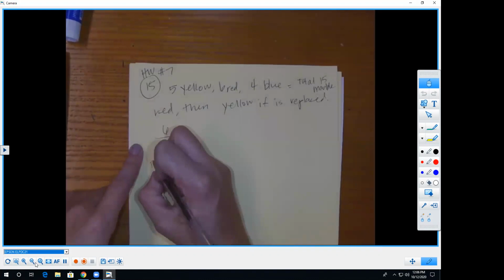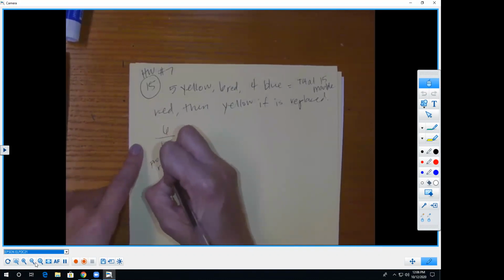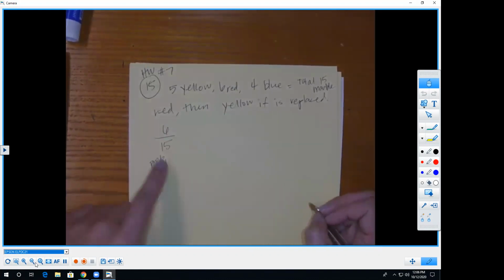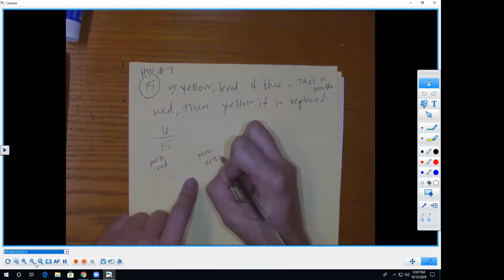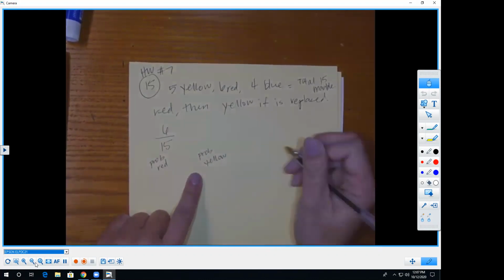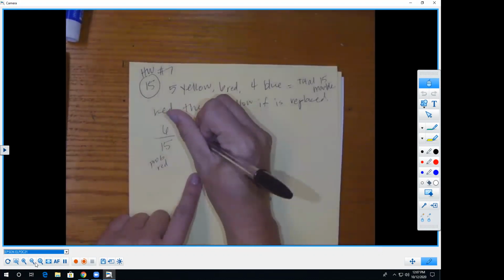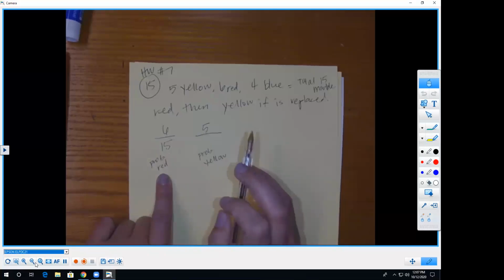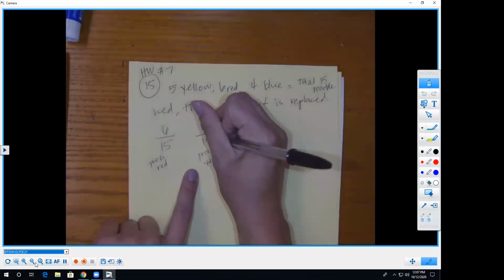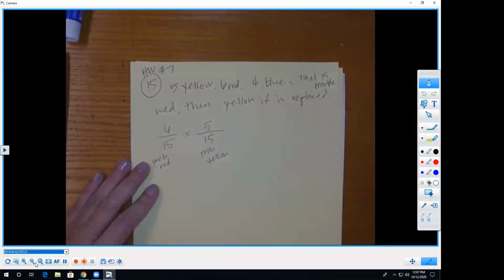So this is the probability of a red. And then the probability of a yellow, there are 5 yellow out of 15 total marbles, because after you drew the red, you put it back in. And we're going to multiply these.